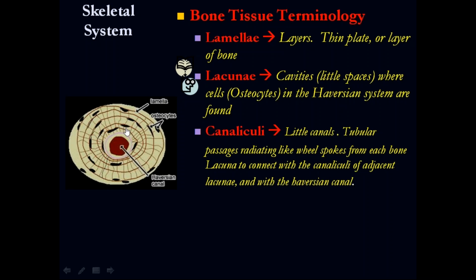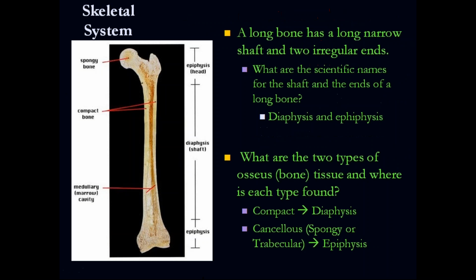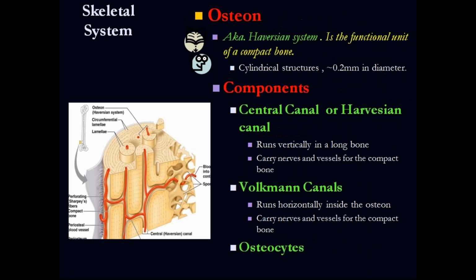The osteoblasts are going to produce this matrix that is going to get harder, and because they cannot move anymore to any place, the osteoblasts are going to get trapped here in this lacunae. And when they get trapped, the name changes, and it is now called the osteocyte. Then the next ring is going to happen the same way, and the next ring in the same way, and the bone is growing in that way.